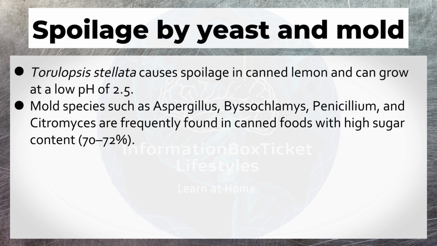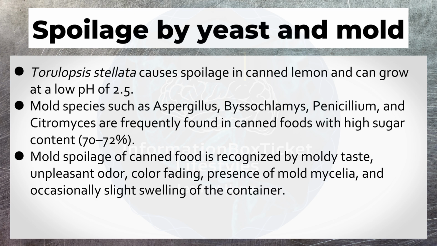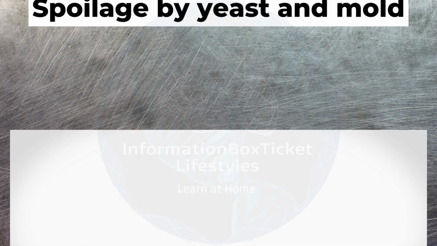Mold species such as Aspergillus, Hassallia, Penicillium, and Citromyces are frequently found in canned foods with high sugar content, 70 to 72%. Mold spoilage of canned food is recognized by moldy taste, unpleasant odor, color fading, presence of mold mycelia, and occasionally slight swelling of the container.